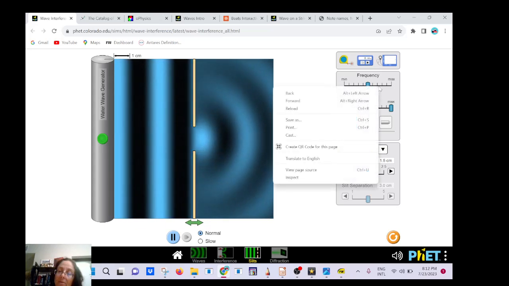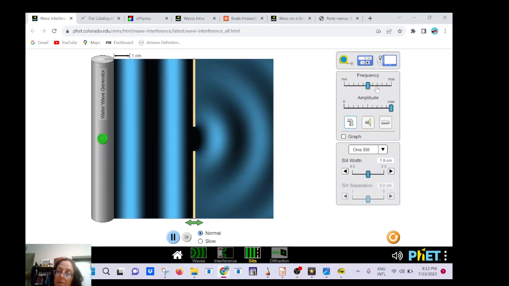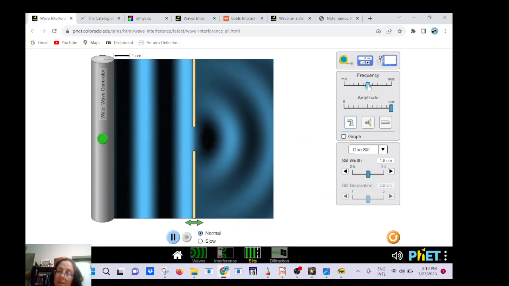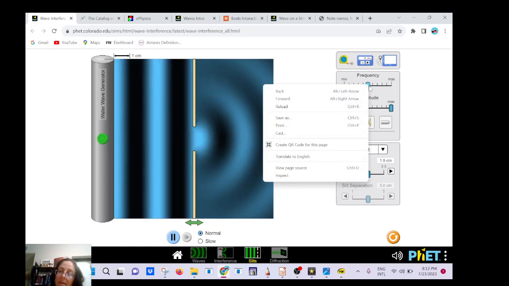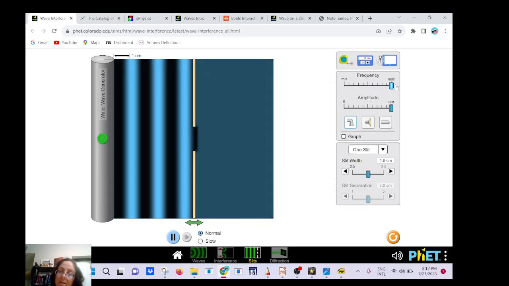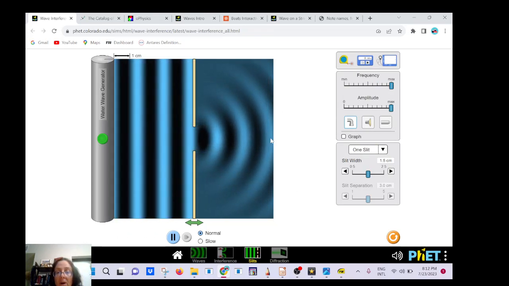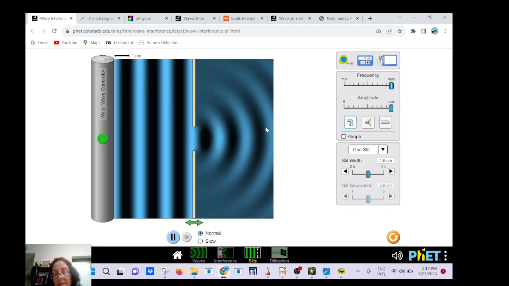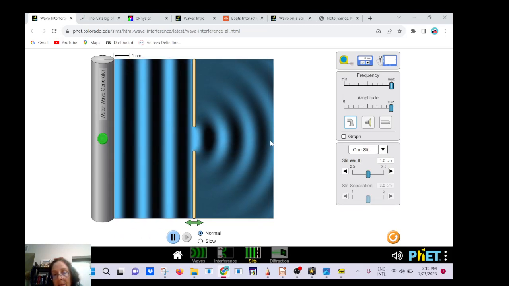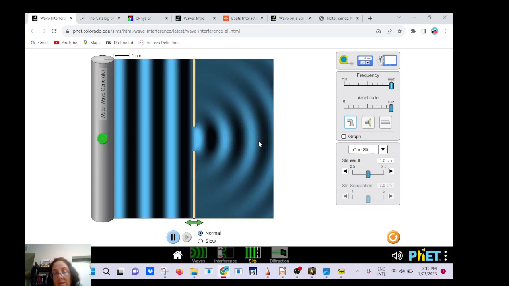You see the wavelength is going to decrease, and you don't have that much diffraction. So I keep the amplitude very large here in that neighborhood, and it doesn't spread that much.